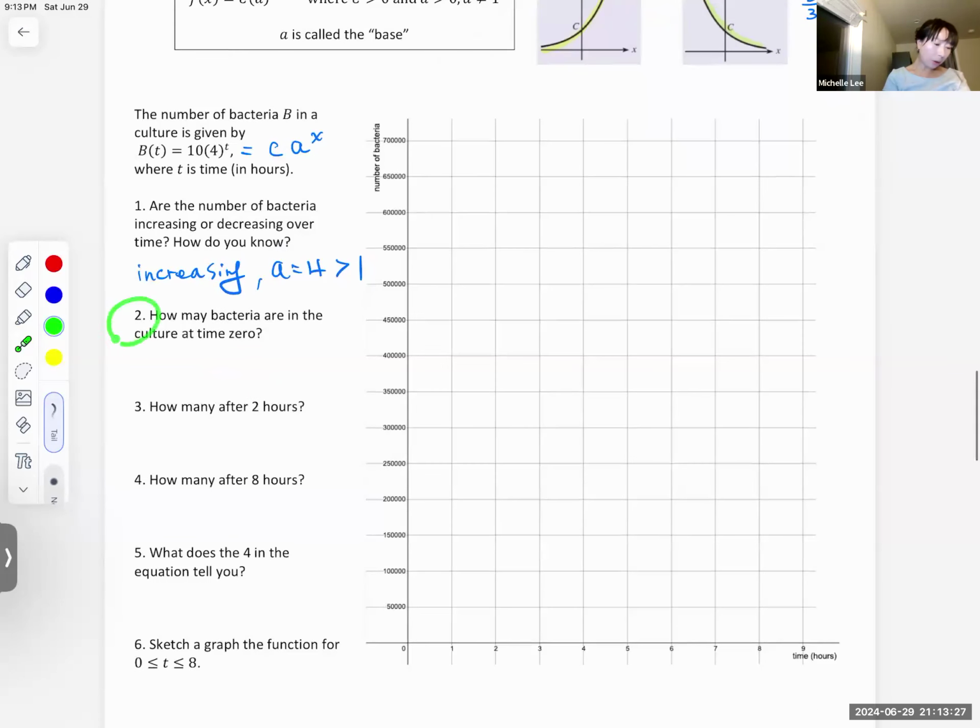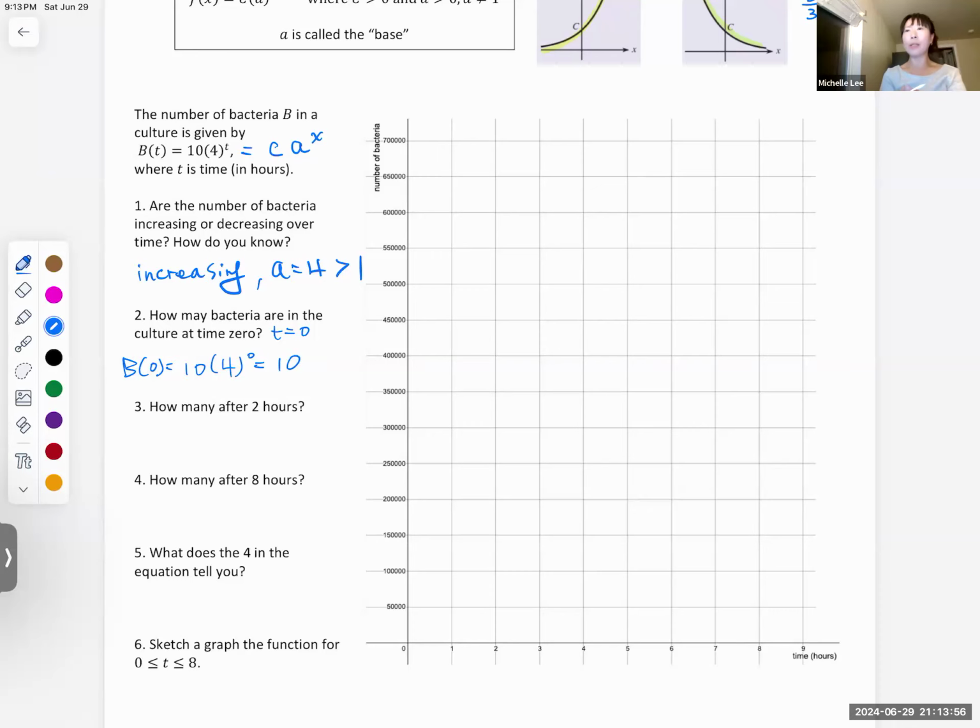Now, number 2: how many bacteria are in the culture at time 0? So that means when T equal to 0, what's the number of bacteria, right? B of 0 equals 10 times 4 to the 0, which is 10, right?